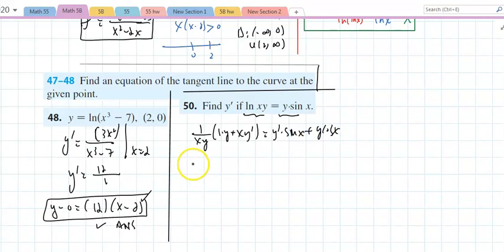So if I cross multiply, y plus x y prime equals xy y prime sine of x plus x y squared cosine of x.